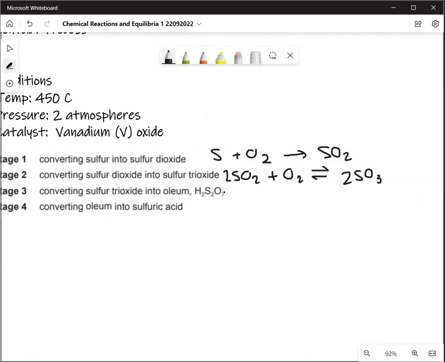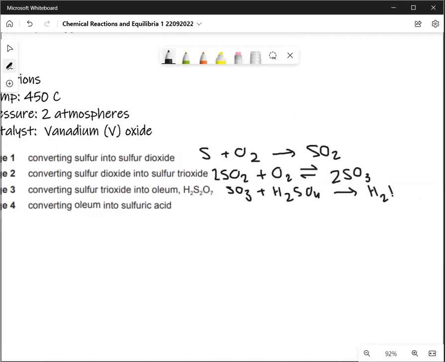Okay, and this right here, we have SO3 plus H2SO4 gives us H2S2O7, oleum. And then finally, we have H2S2O7.